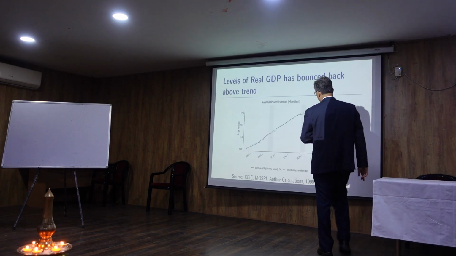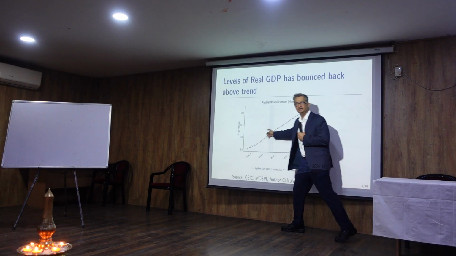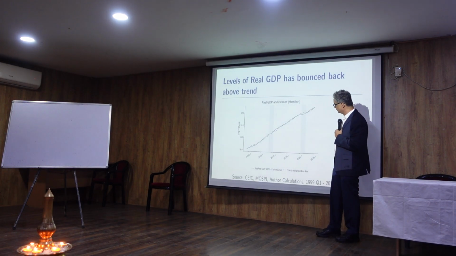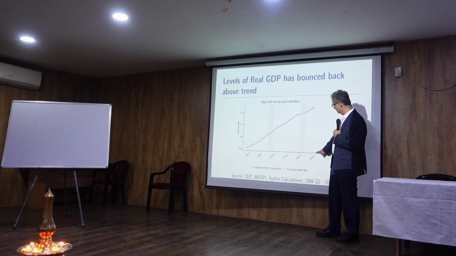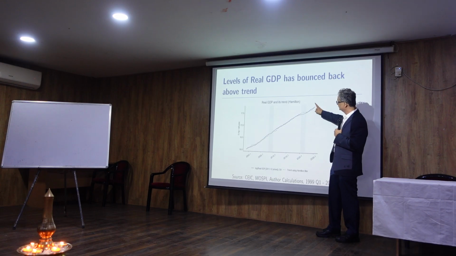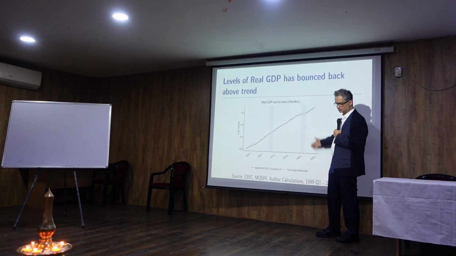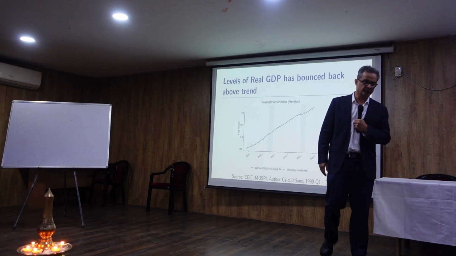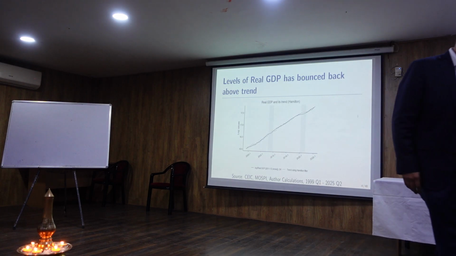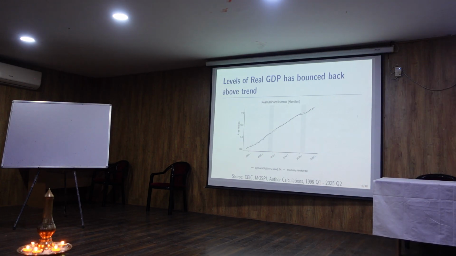Now, real GDP has chugged along at a steady clip from 2001 all the way up to the first quarter, that is, of the latest financial year, 2025-26. And what we see is this kind of straight increase and the trend.